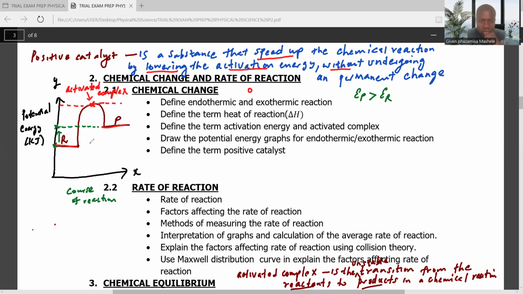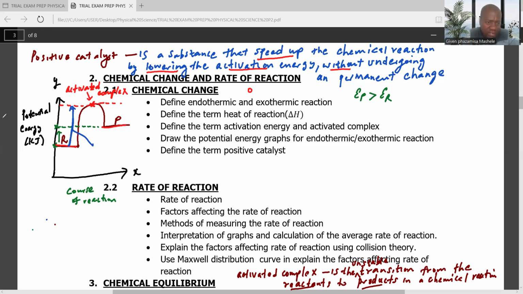Now, I want you guys to listen to me very well. From the reactants to the activated complex, just from here up until there, this is called an EA, an activation energy.